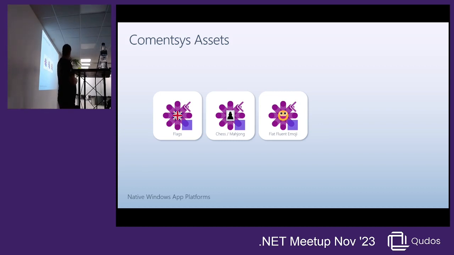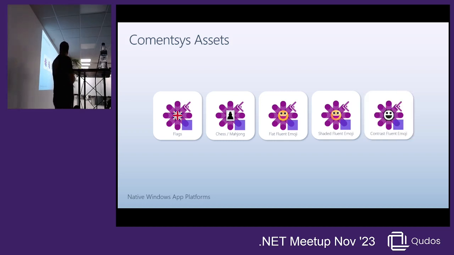They open sourced the whole lot, so I basically created a wrapper with a library of every single one in different styles. You've got flat, you've got shaded, which is 3D basically, so that's more like the Teams style, and high contrast as well, so you can have high contrast ones. The latter ones, they also support color customization, so you can actually replace the colors.